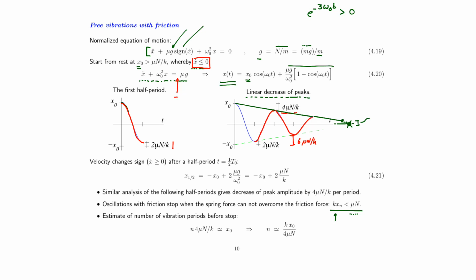And the number of periods that we can actually see before we see this locking can then be estimated from this fairly simple solution, because we can estimate the reduction in amplitude by these 4 mu N divided by k, and we can ask the question, when will we then simply meet the threshold value for friction? And this will then be the number of amplitudes that we can expect before we actually have a full standstill of our structure.